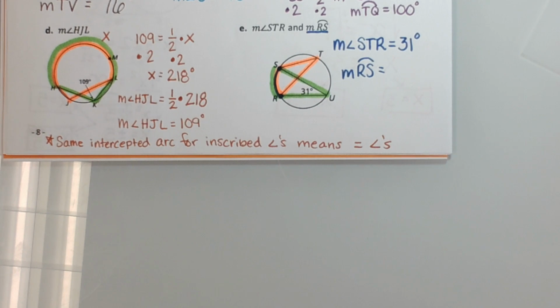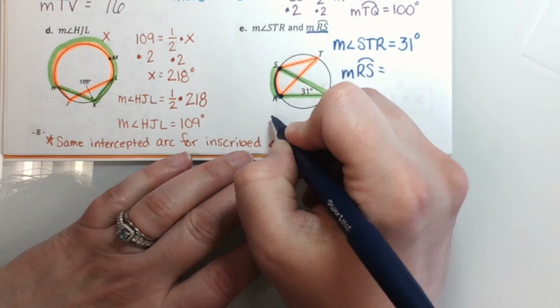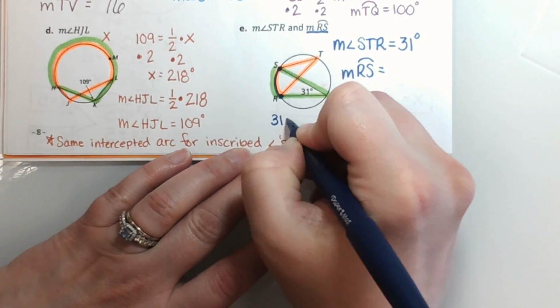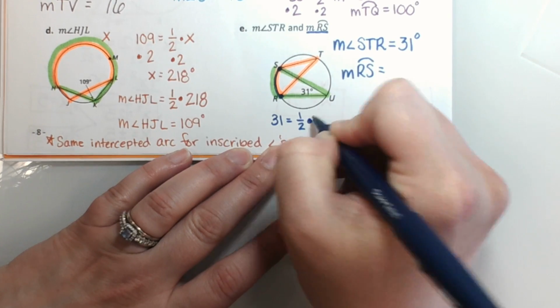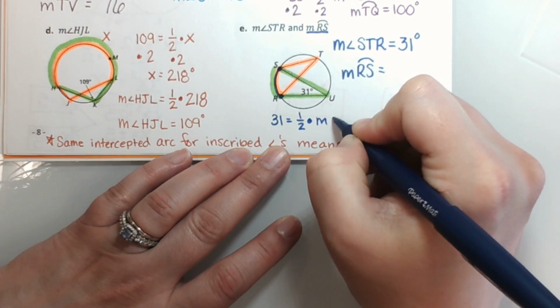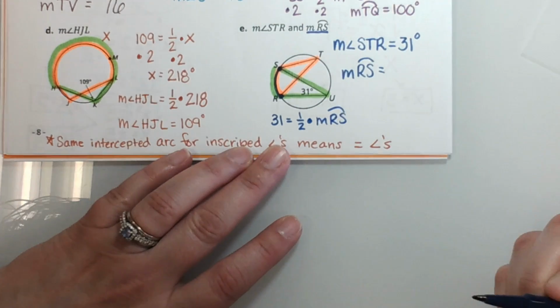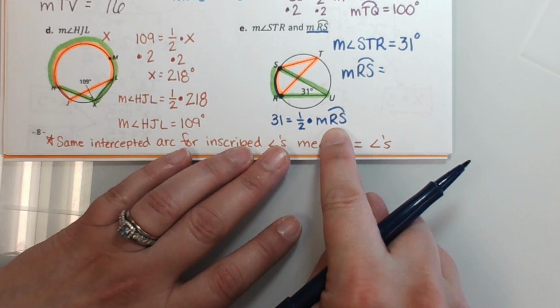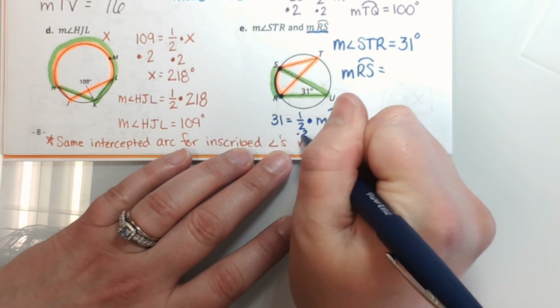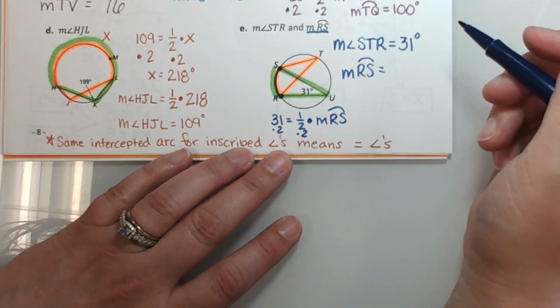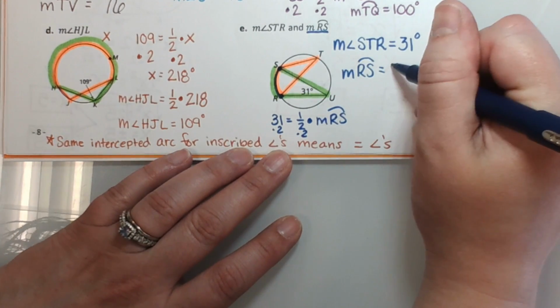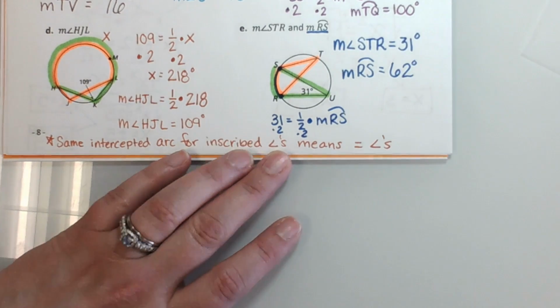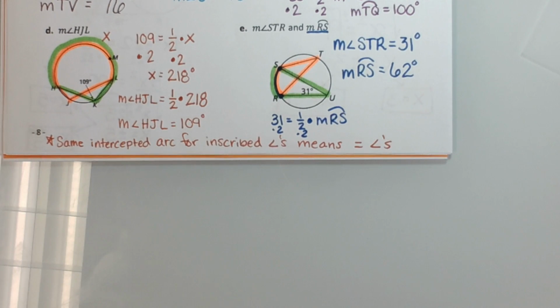If you use the equation, it would say the angle equals 1/2 times the arc. How do I get the arc alone? You times by 2. Does that mean to double or does that mean to halve? It means to double. You were correct if you said double.